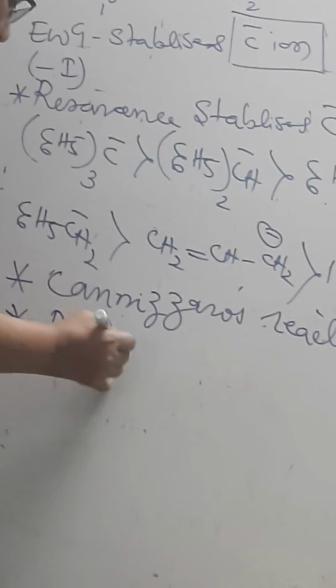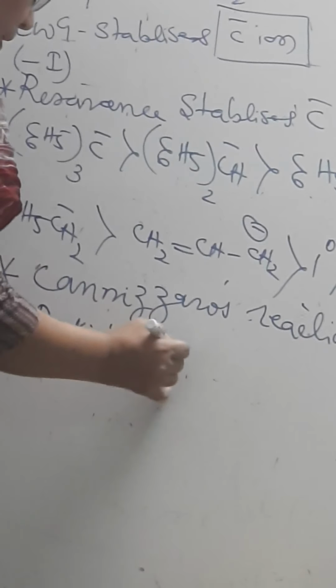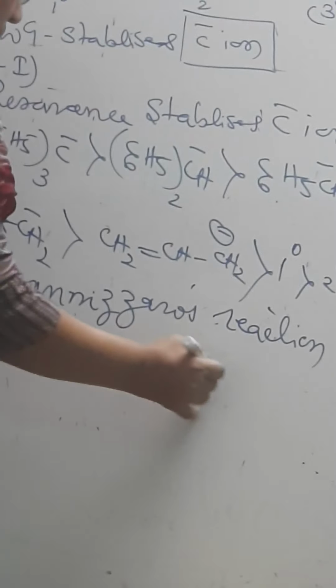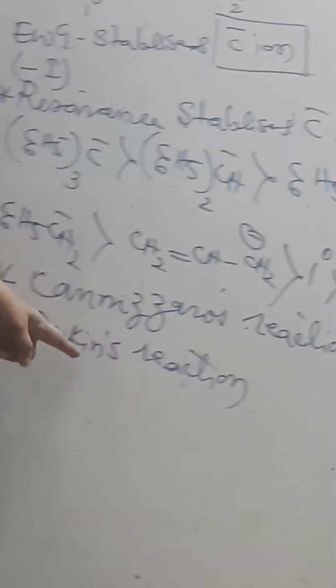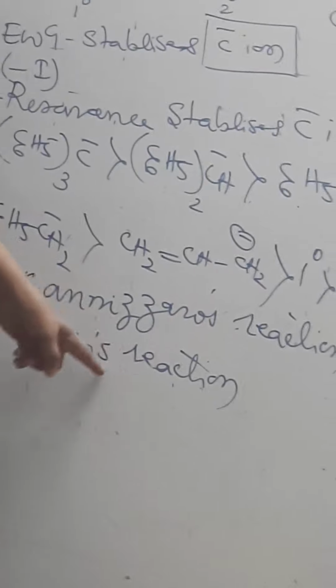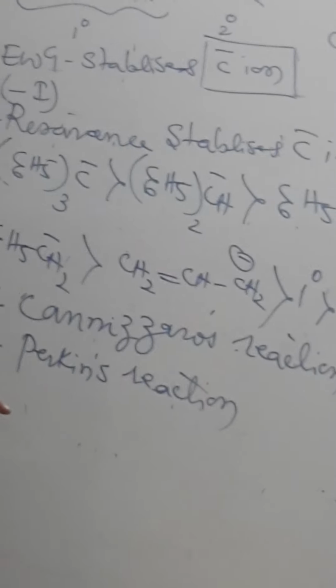And the second example, Perkin reaction. When benzaldehyde is treated with acetic anhydride in presence of sodium acetate, it will produce cinnamaldehyde or cinnamic acid. Second year children may remember.